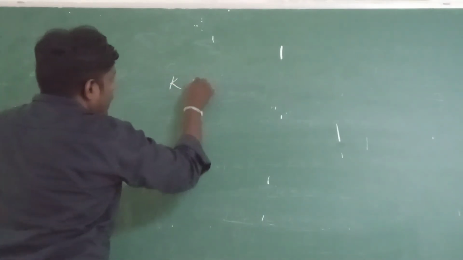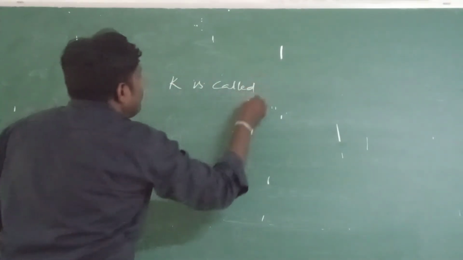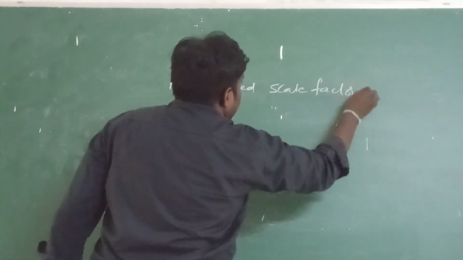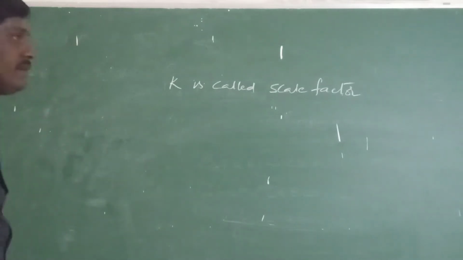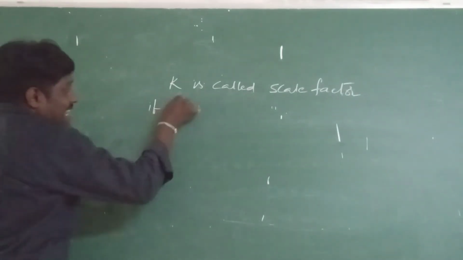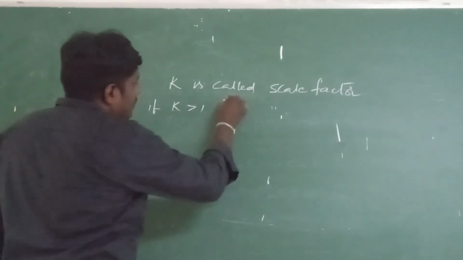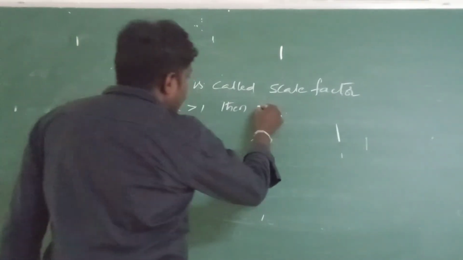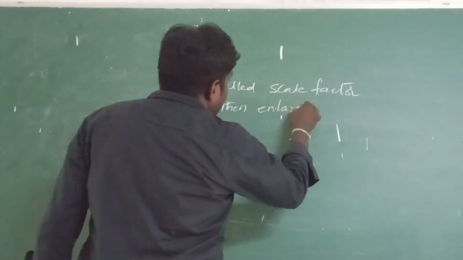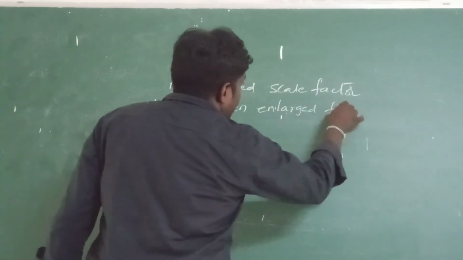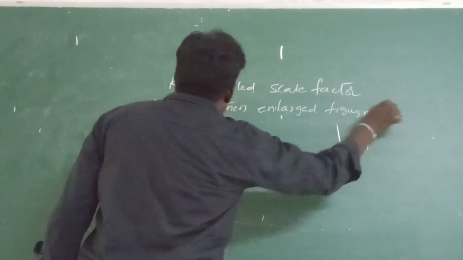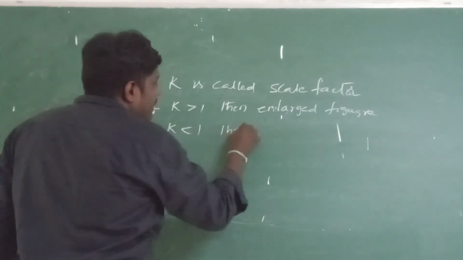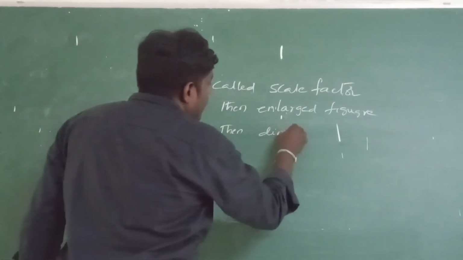I said K is called scale factor. If K is greater than 1, then an enlarged figure will come. If K is less than 1, then a diminished figure will come.